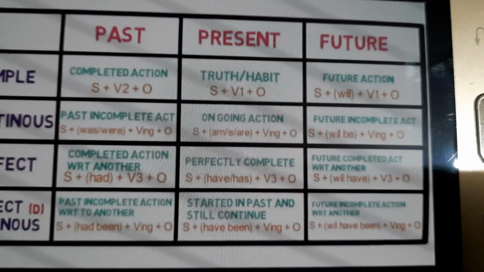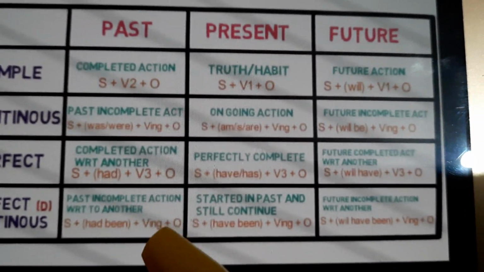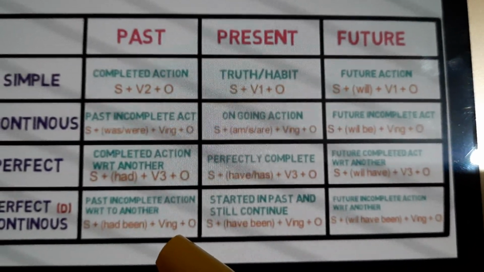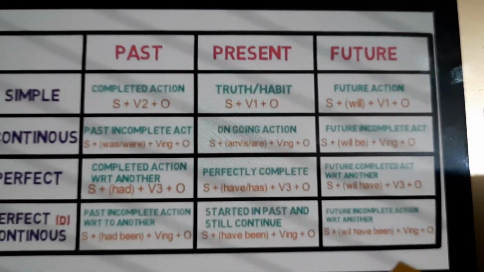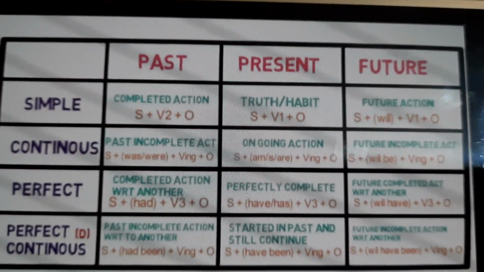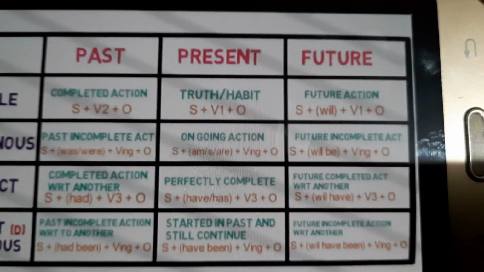The form over here is subject plus had been plus verb with ing plus the object. For example, I can say, the girl had been flying kites since childhood.